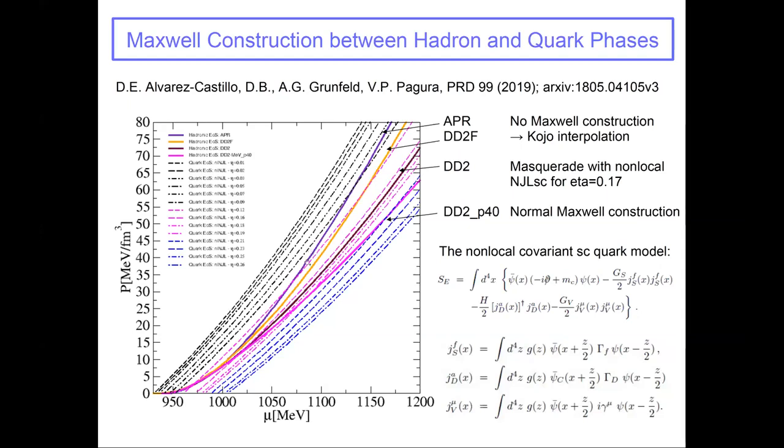So this would mean, in the case of the APR equation of state, that at low densities, so low chemical potentials, we should go along a quark-matter line, and then after the crossing we switch to hadronic matter. So hadronic matter at high densities and quark matter at low densities. This obviously is nonsense. So why? Because at high densities, the APR equation of state is no longer good, and at low densities, these soft equations of state might not be realistic.